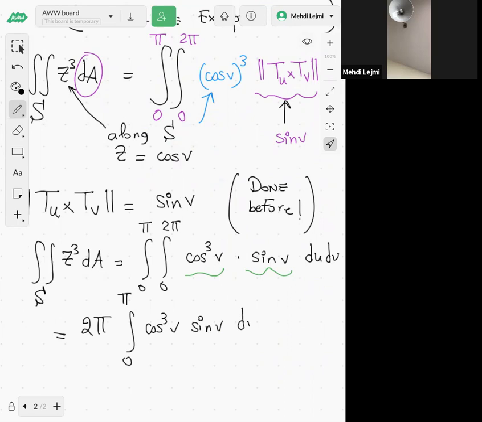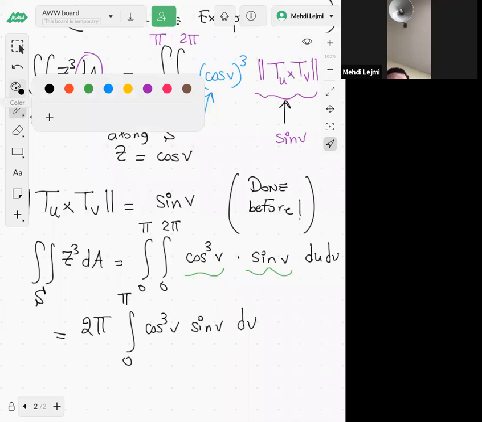Now we integrate this with respect to v. You can use substitution here.